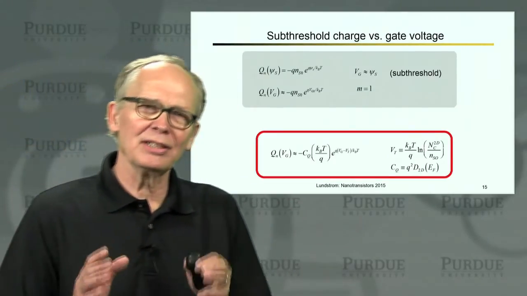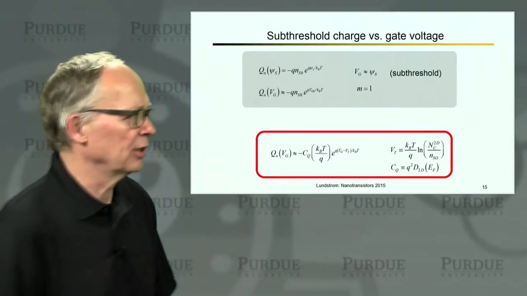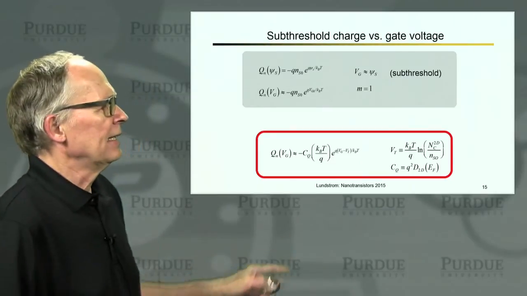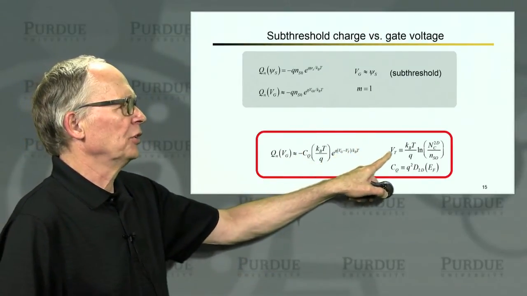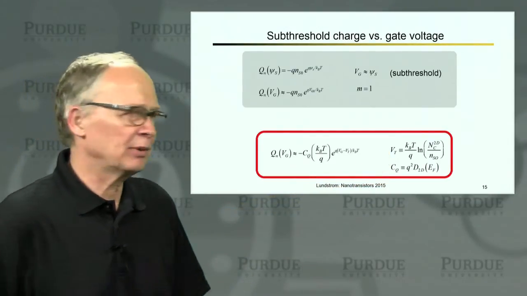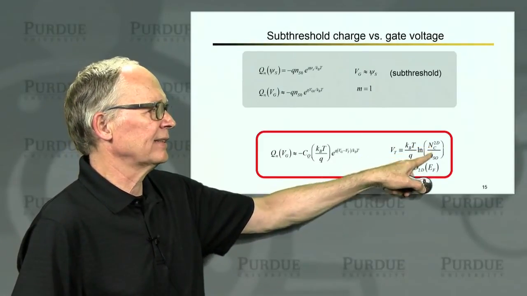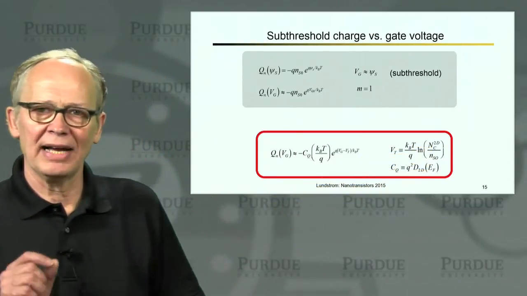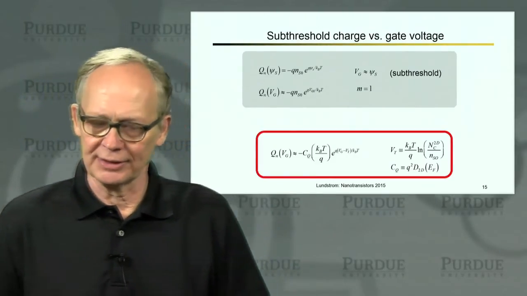All right, now we'll do a little more algebra, and this is discussed in the notes that are available to you. I'm just going to give you the result here. Let me define a threshold voltage this way: kT over q log of the effective density of states divided by the value of this electron density when the surface potential is 0.